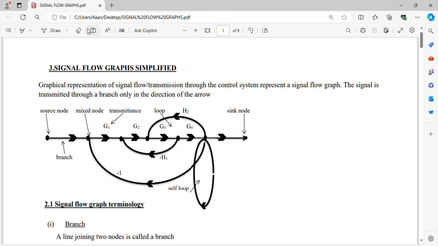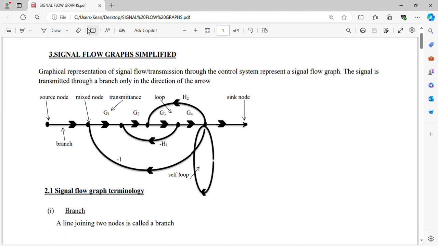The various terminologies used for signal flow graphs are as follows. First, we have the branch, which connects two nodes. Then we have the source node, the mixed node, the transmittance, and the loop, as shown.